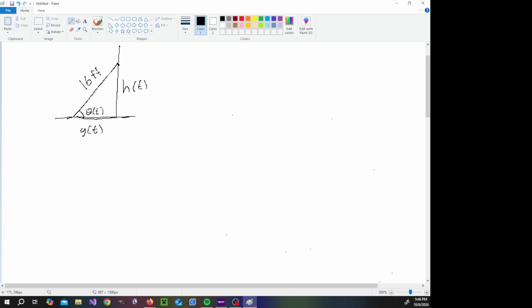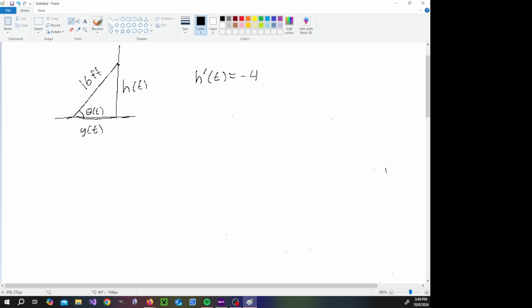And so this tells us that because it's falling at a rate of 4 feet per second, then h prime of t I can say is negative 4, because this height is decreasing, then that derivative should be negative, is one way to look at it.